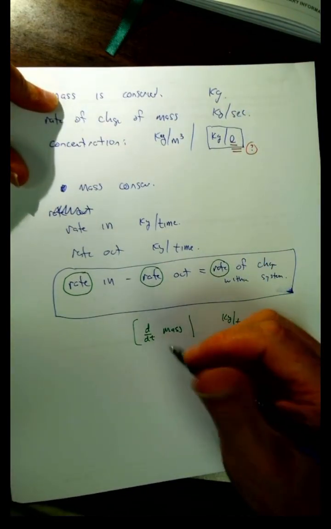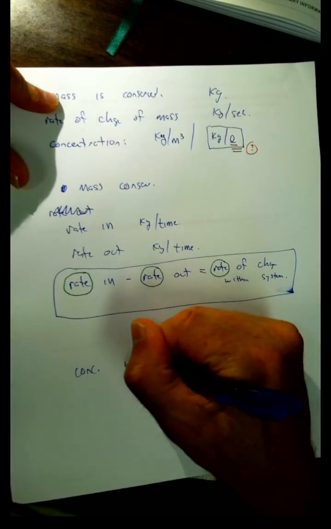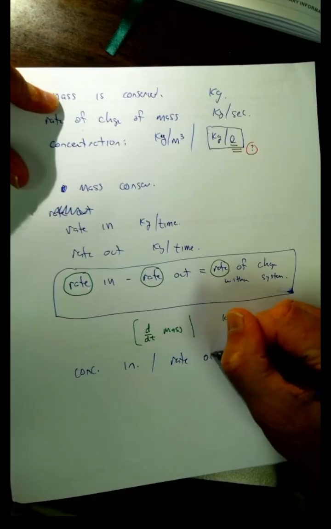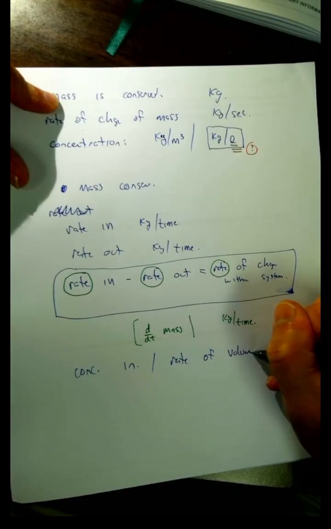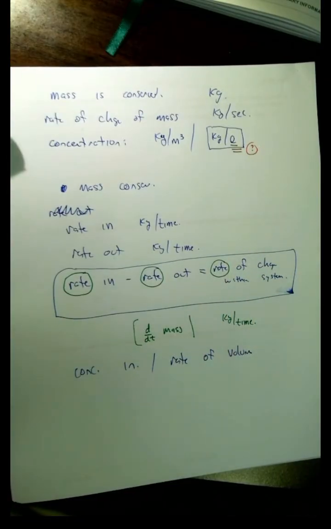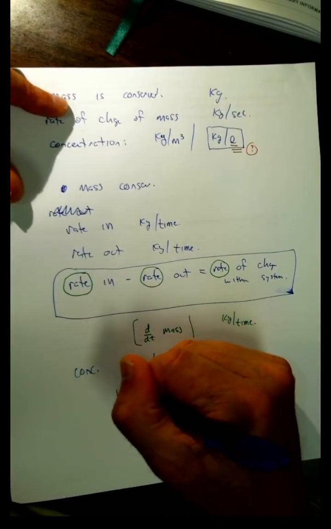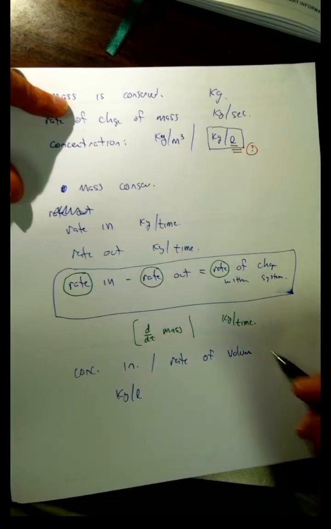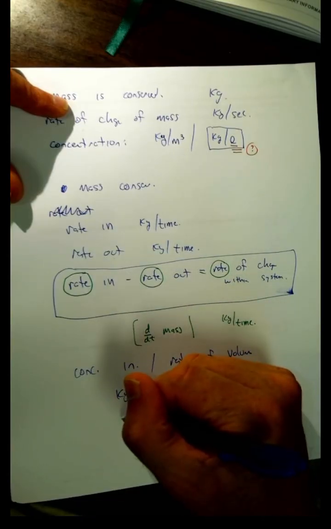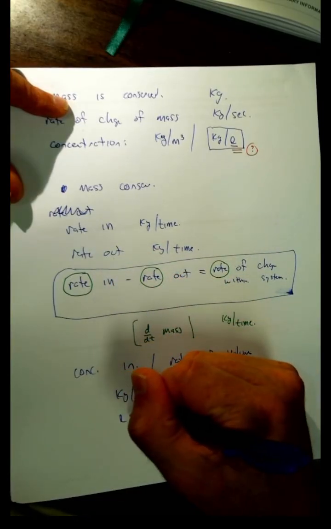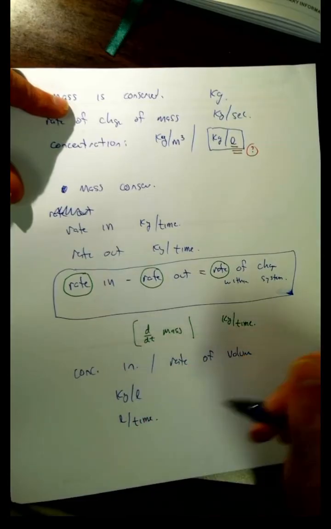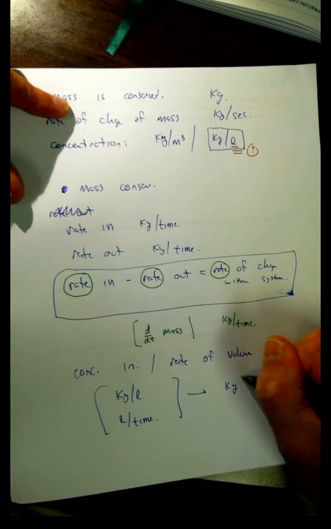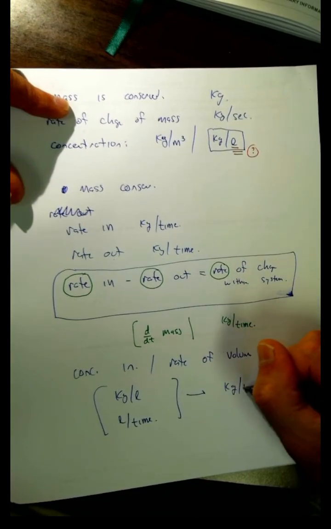Now, part of the problem here is we're going to have concentration of stuff coming in, and we're going to have the rate of the volume coming in. So what does that mean? Concentration then is going to be kilograms per liter. We are going to have some rate of fluid moving in at some liters per time. And the question is how do we take these two things to get the amount of kilograms per time?